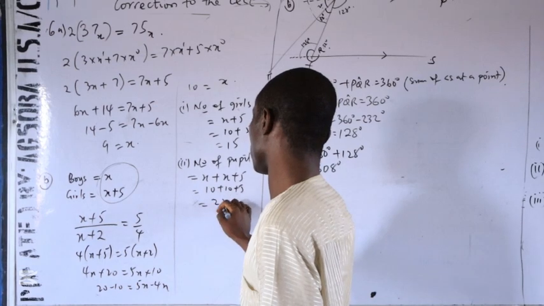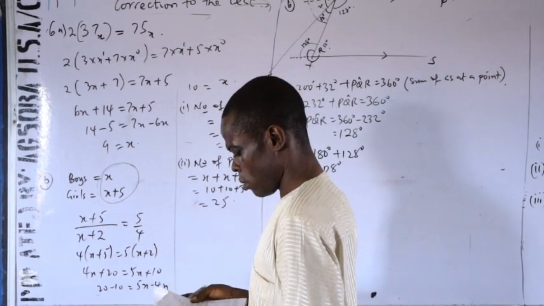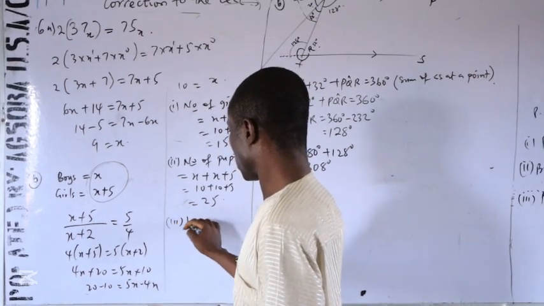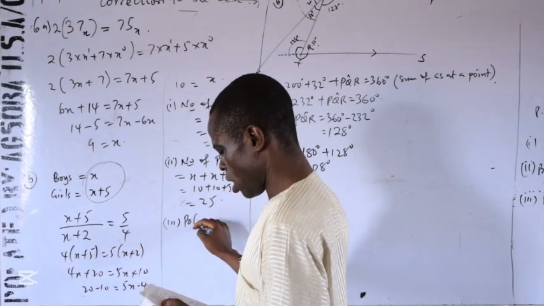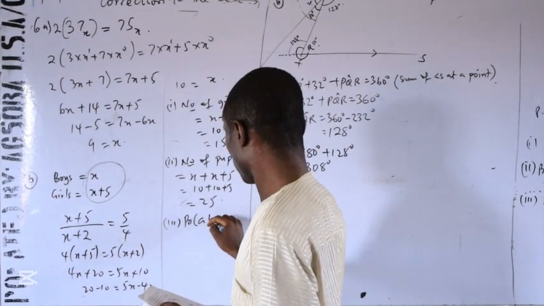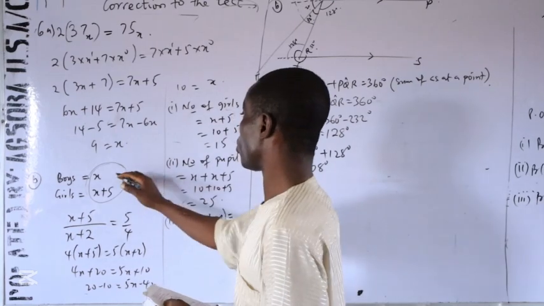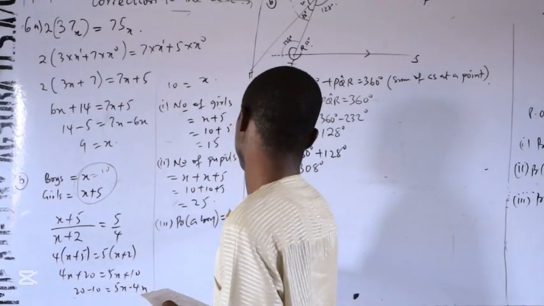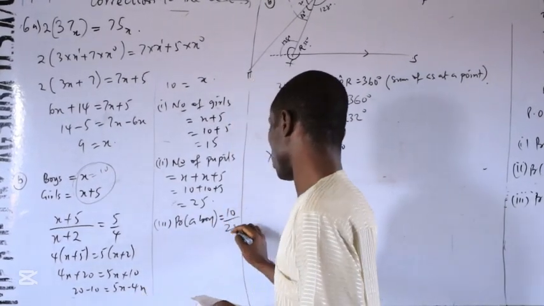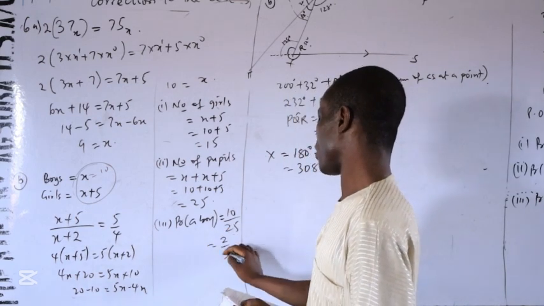That's 25. And 3, the probability that a boy will be the class prefect. How many boys do we have? We have 10. How many students do we have altogether? 25. That's 2 over 5.